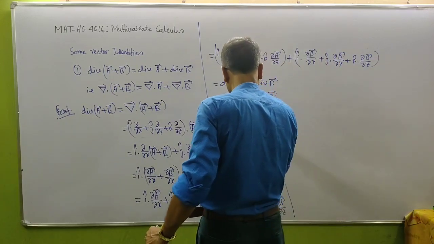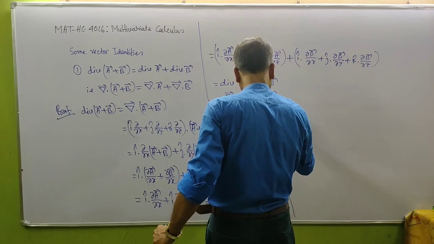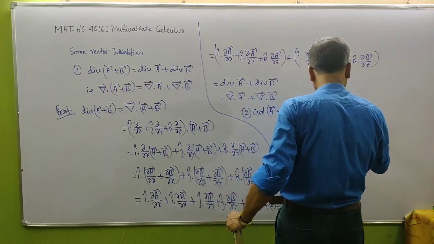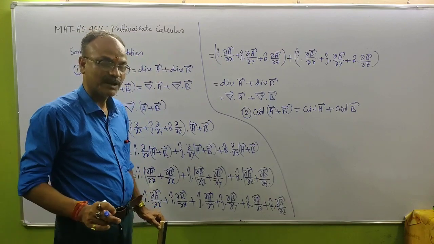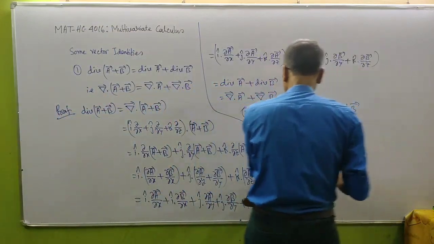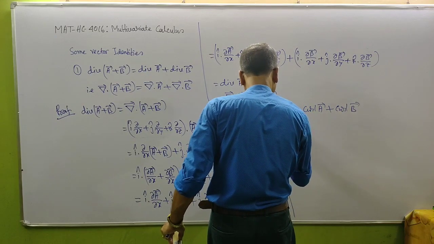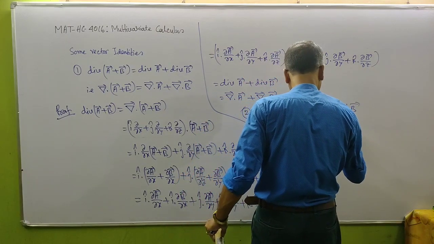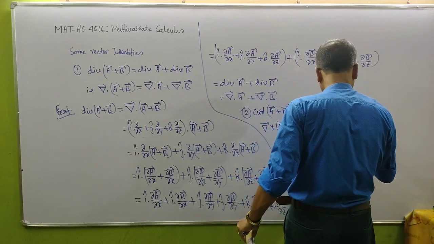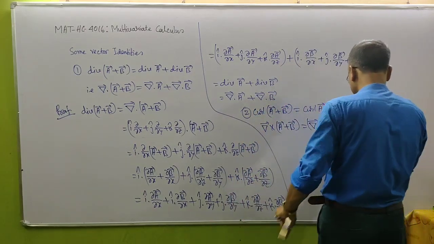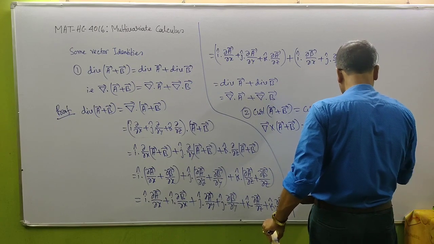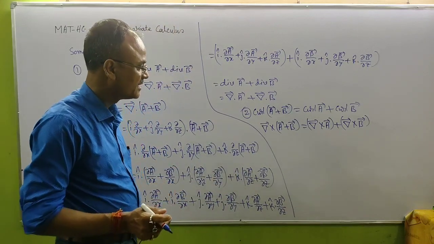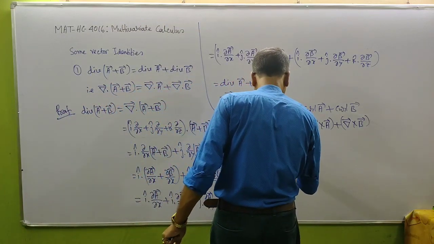Similarly, number two: curl of A plus B equals curl A plus curl B. Now the proof of this.